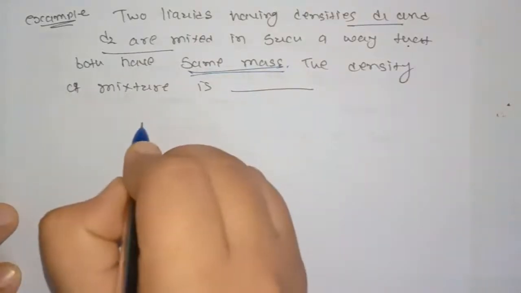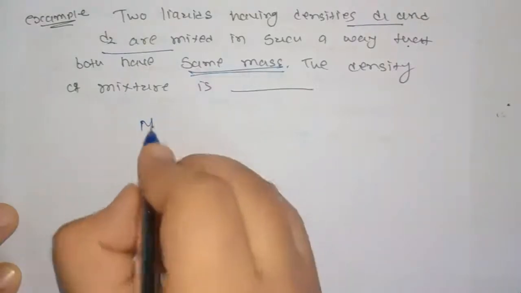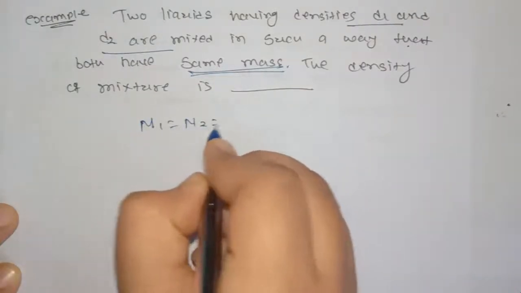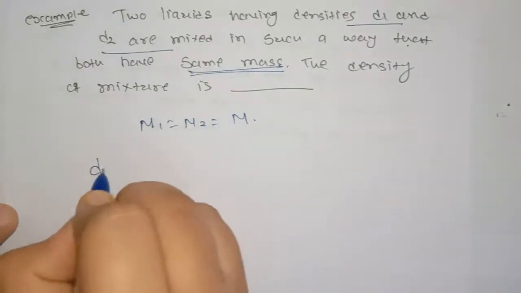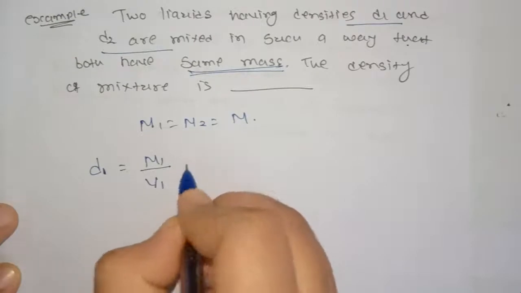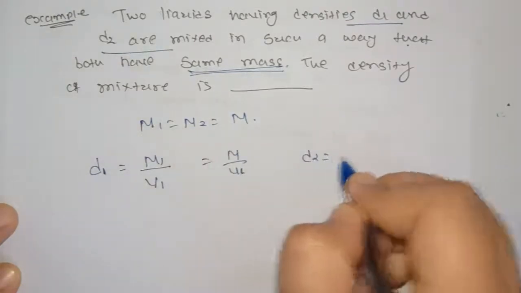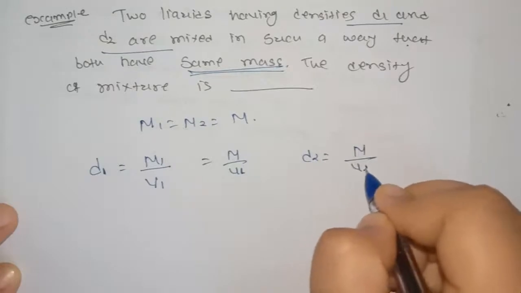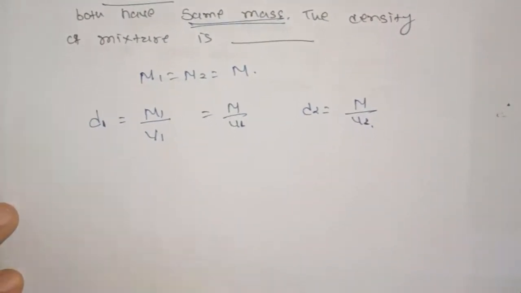Let's say mass of both the liquids is M. So M1 is equals to M2 is equals to M. Density D1 is equals to M1 upon V1, that is equals to M upon V1, and density D2 is equals to M upon V2.